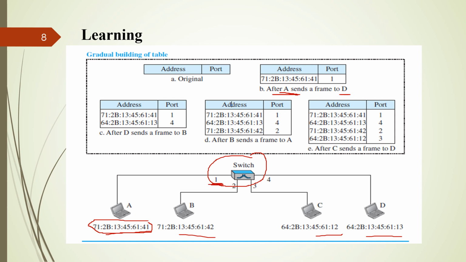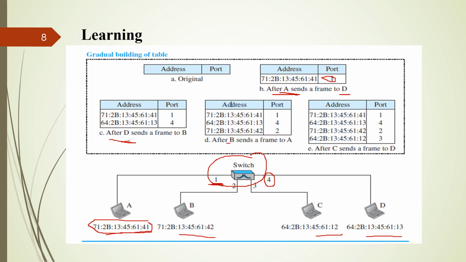So the port number for the respective MAC address is updated in the switching table. In the second case, station D is sending a frame, so the source address of D and the port number of station D are automatically updated in the switching table.